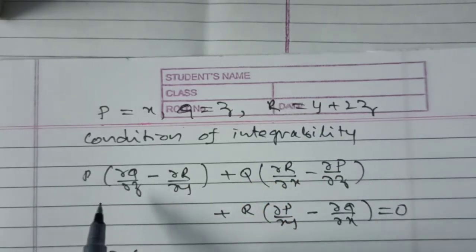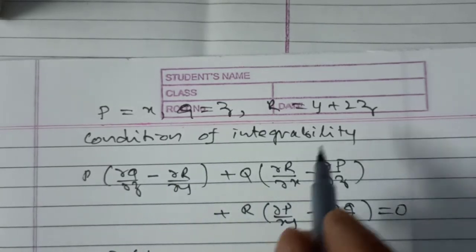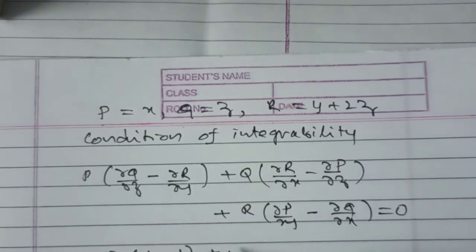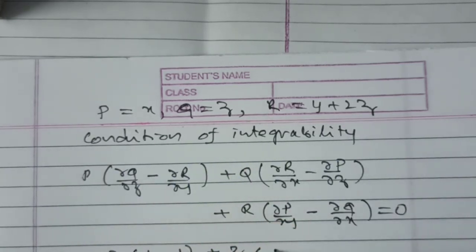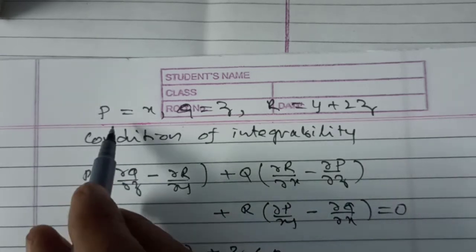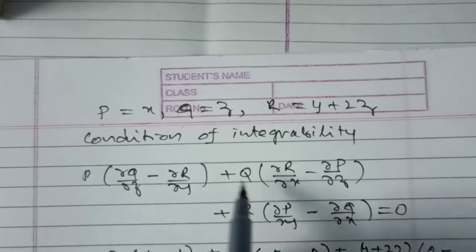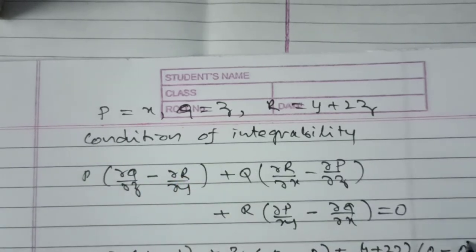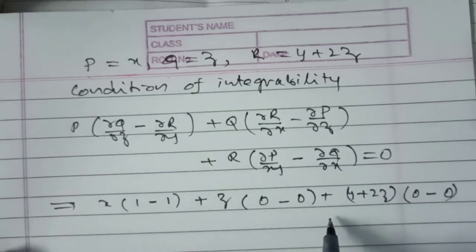So x into dou q by dou z, it is 1, minus dou r by dou y is also 1, plus z into dou r by dou x, there is no x so it is 0, minus dou p by dou z is also 0, plus y plus 2z into dou p by dou y, there is no y here so it is 0, minus dou q by dou x, this is also 0, is equal to 0.